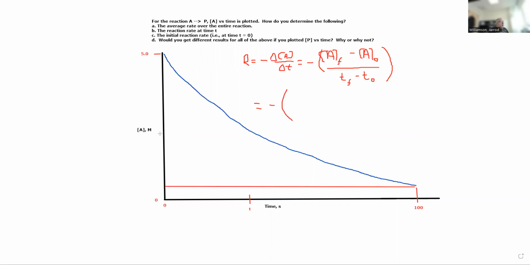Right about here, this is 5. That looks like 2.5. So this looks like half of 2.5. So half of 2.5 is 1.25.